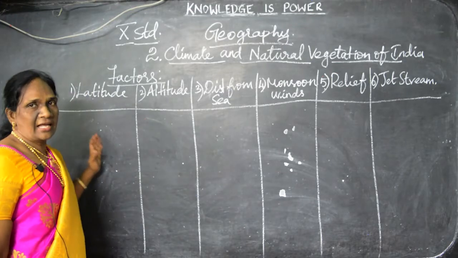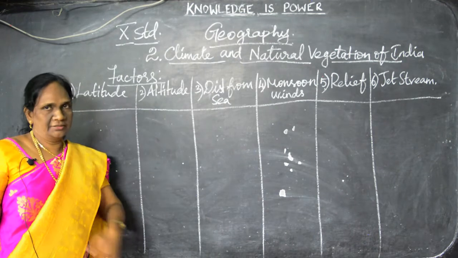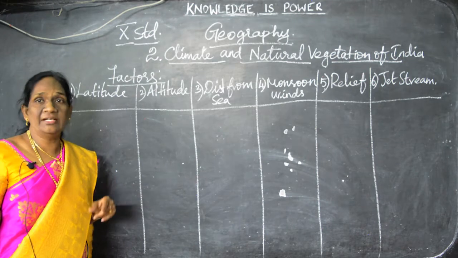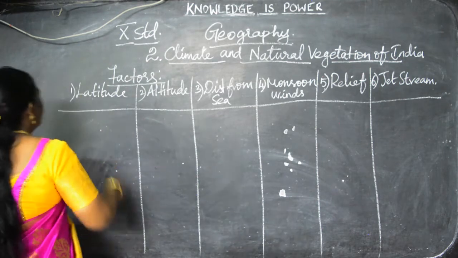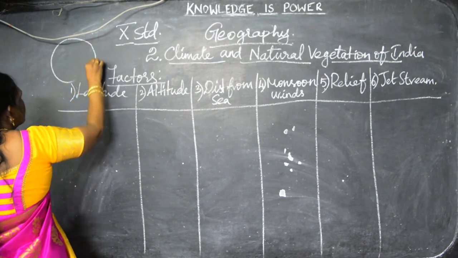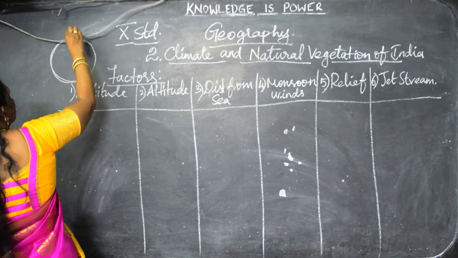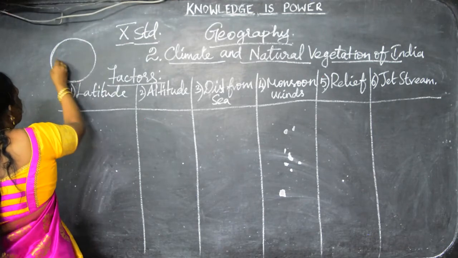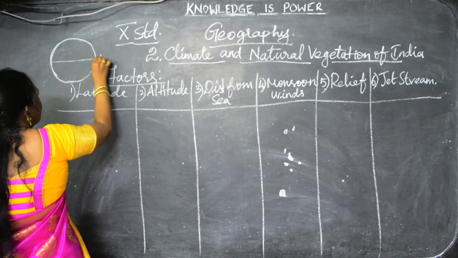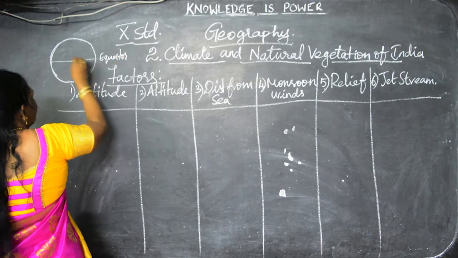First one is latitude. Children, you all know that on the globe we can see the imaginary lines. The middle line passes through India. This is the globe, and in the middle we have the equator, the imaginary line.